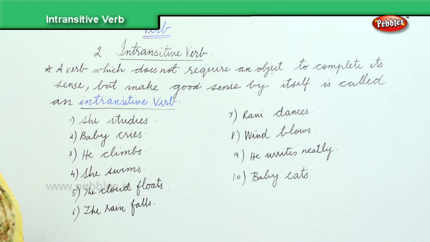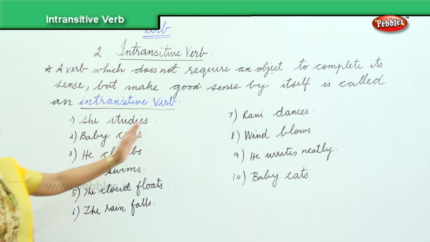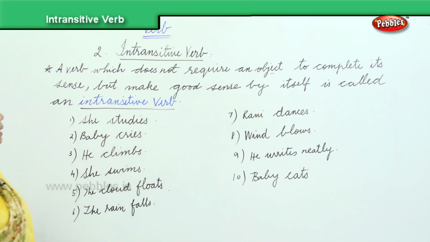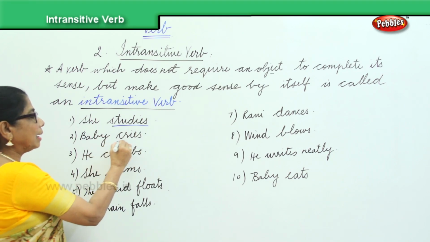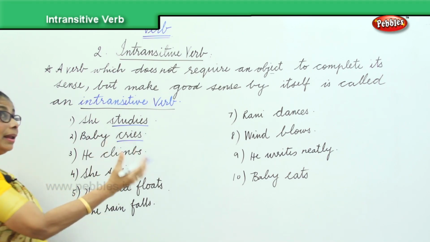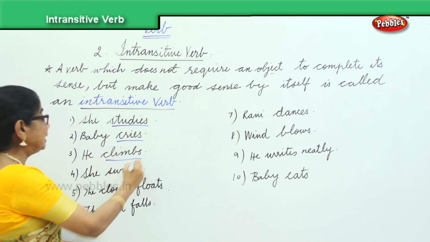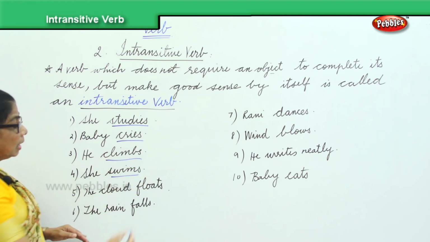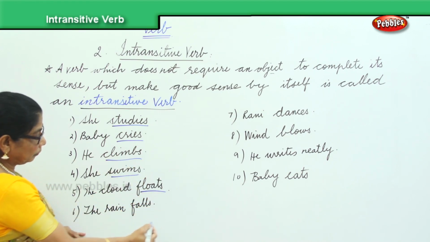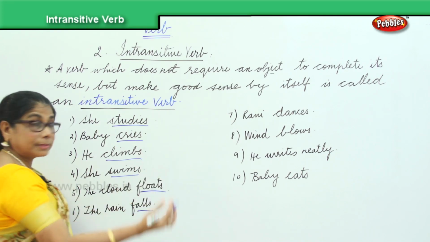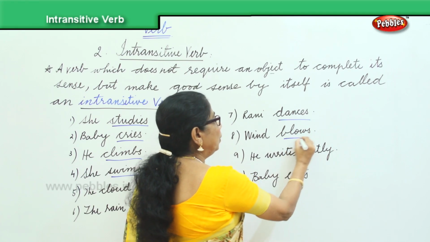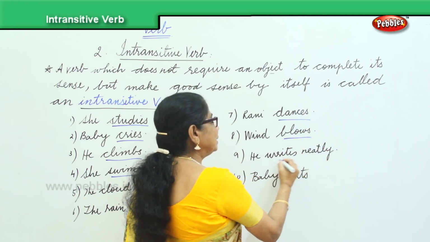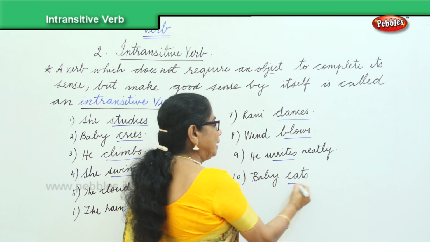These are intransitive sentences. Here we do not require an object to complete the sentence. She studies. Baby cries. He climbs. She swims. The cloud floats. The rain falls. Rani dances. Wind blows. He writes neatly. Baby eats.